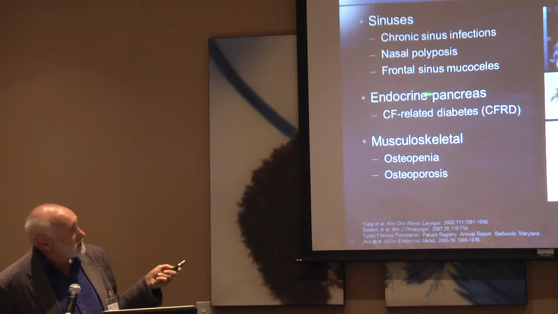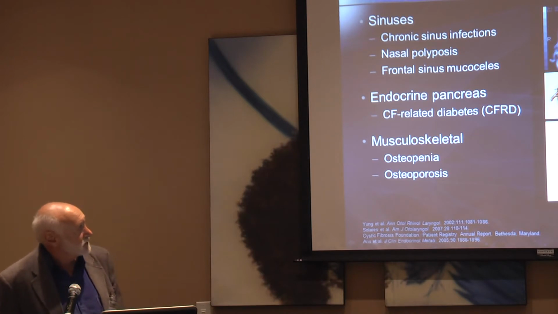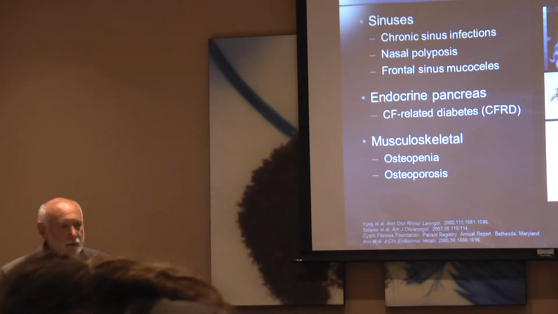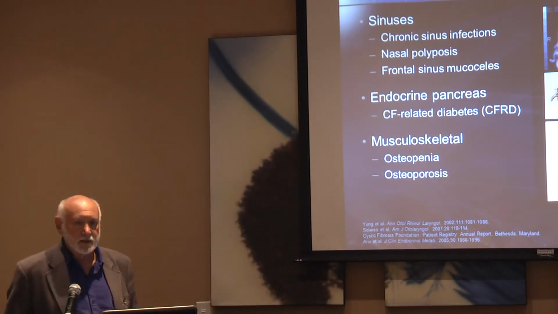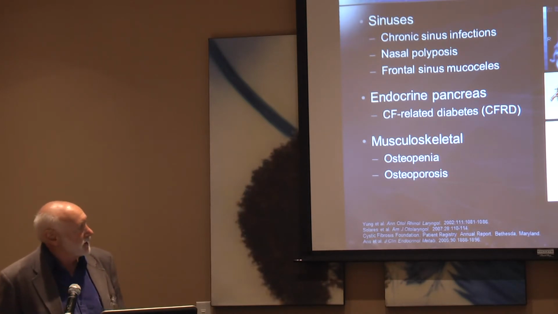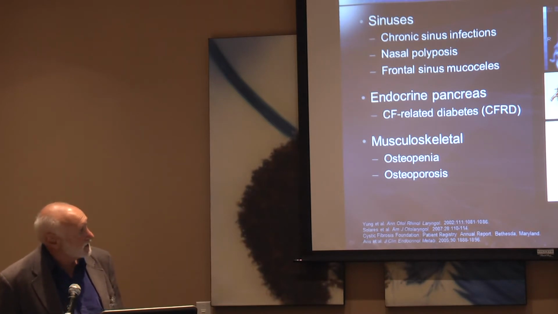The endocrine pancreas, the other part of the pancreas, is involved in sugar metabolism. So when that gets affected, we get the problem of CF-related diabetes, which is a different kind of diabetes than the diabetes that people talk about in general. It's not the same as juvenile diabetes. It's not the same as adult onset diabetes.